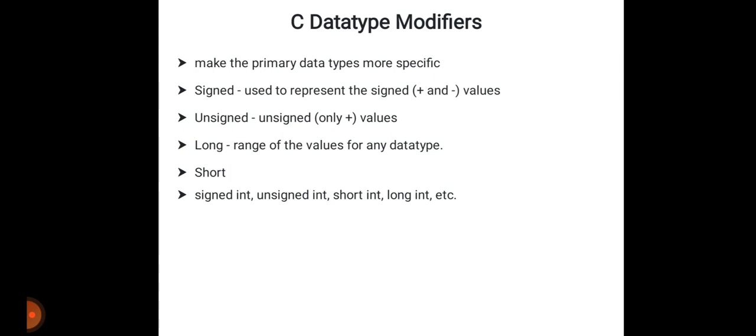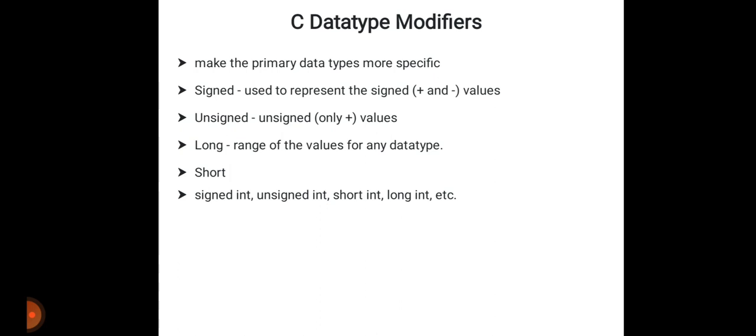Similarly, there are modifiers in the C language to make the primary data types more specific. The 4 data type modifiers are signed, unsigned, long and short. As the name suggests, signed and unsigned modifiers are used to represent the sign.